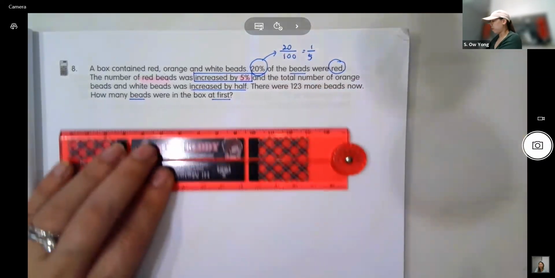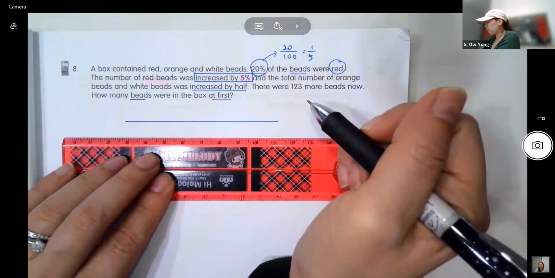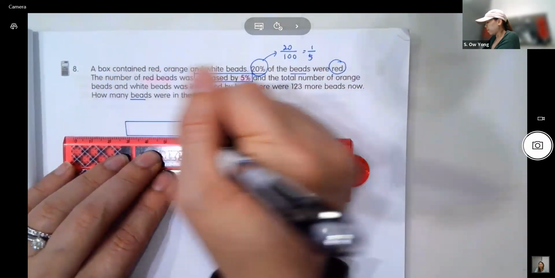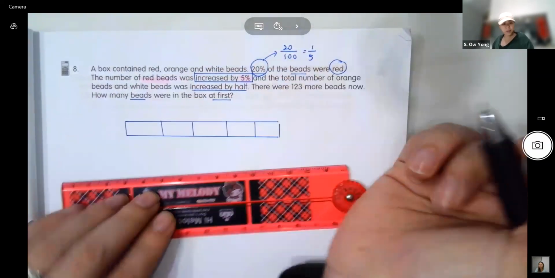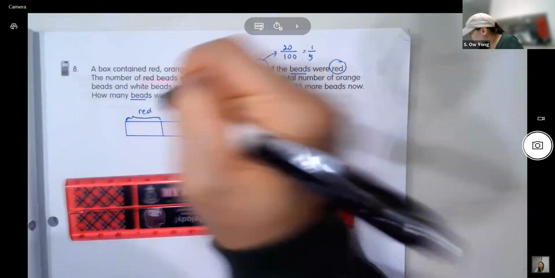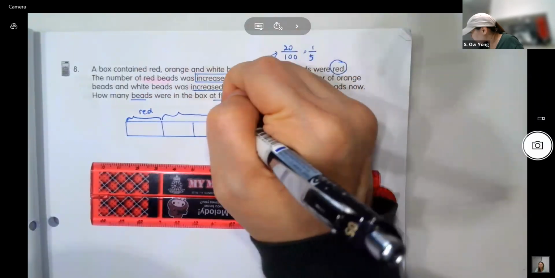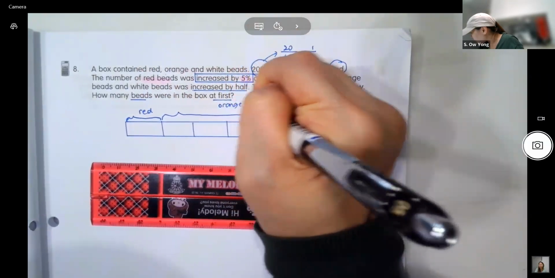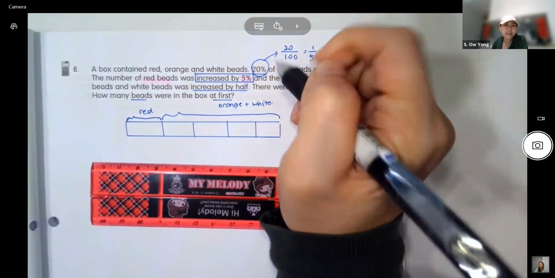I am going to draw first to show you the 1 out of 5. And they do say that this is red. The rest are orange and white. So you settle line number 1.